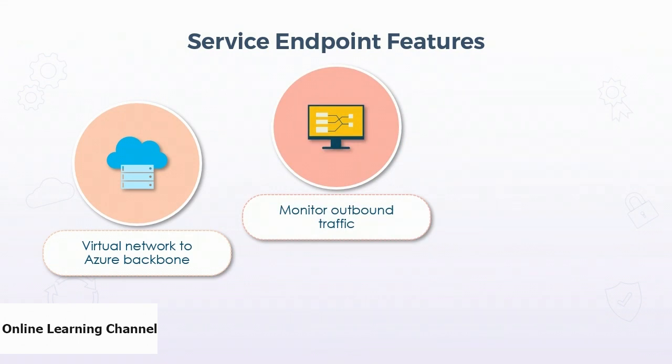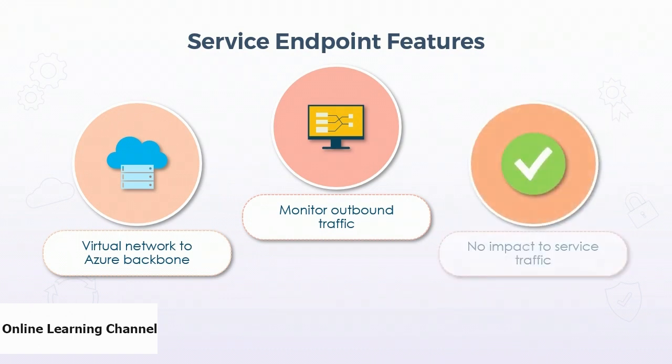That allows us to see what kind of traffic is leaving our network and if it's anything we should be interested in, so it's good for auditing. And this has no impact on service traffic. Through forced tunneling, we can monitor our outbound traffic and still not have any effect on the service level to our end users.